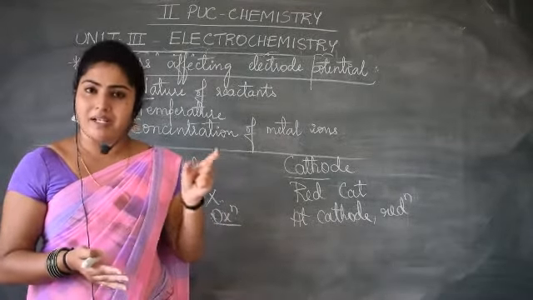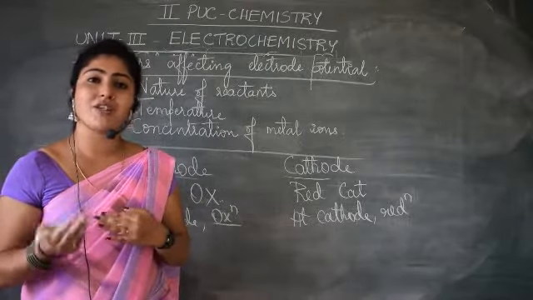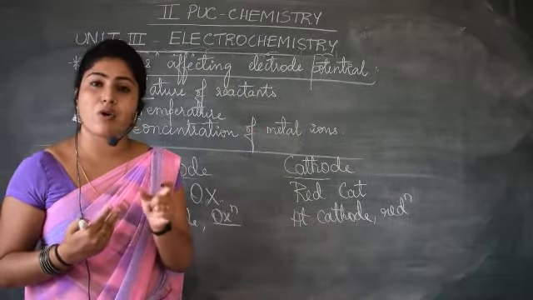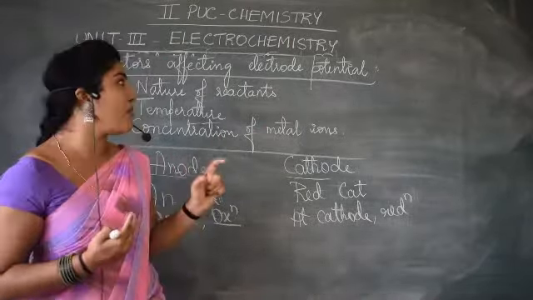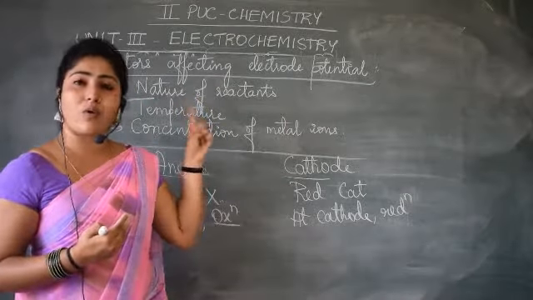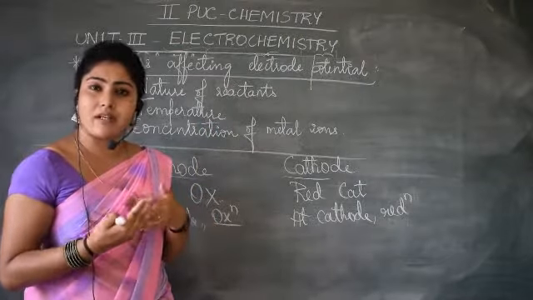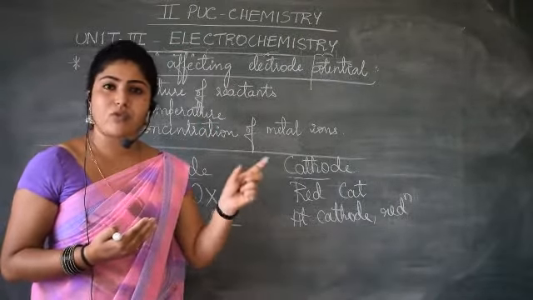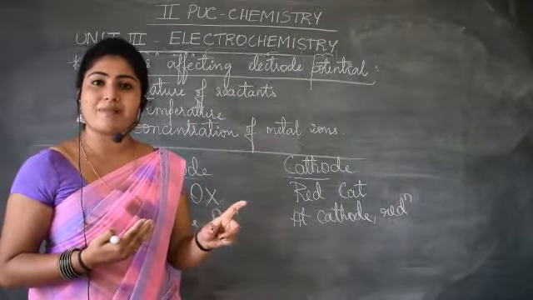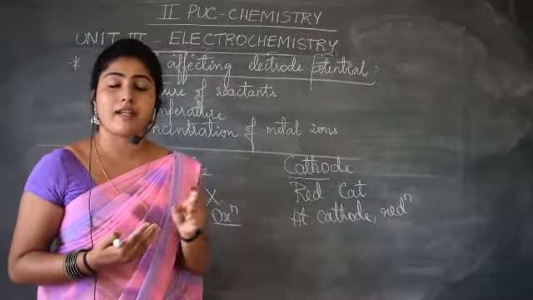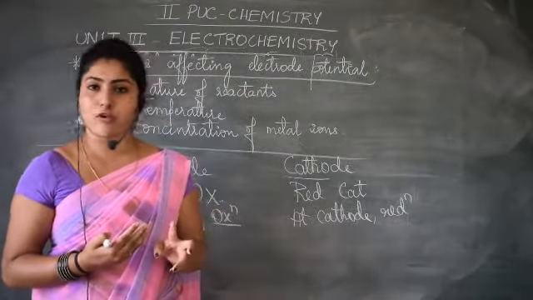But here we will be speaking of oxidation and reduction in terms of electron transfer, because that plays an important role. When we say electrochemistry, electricity, electric current, it is related to electrons.